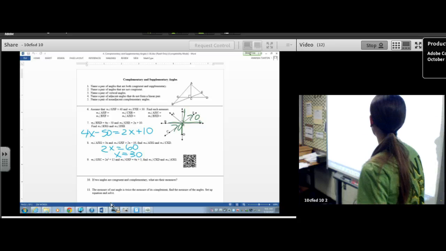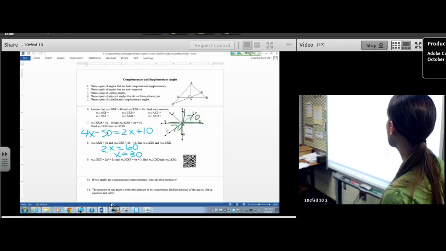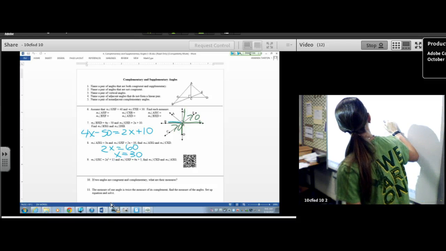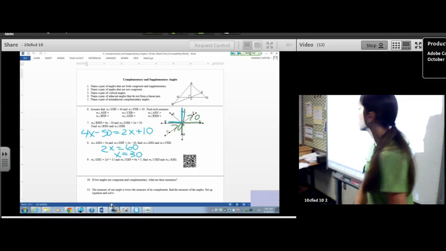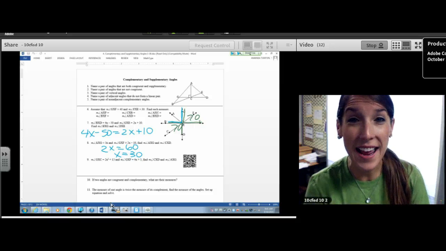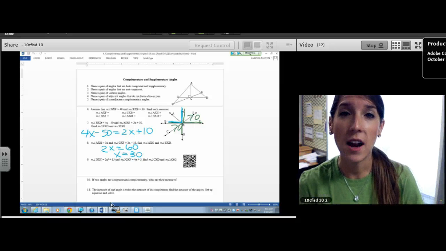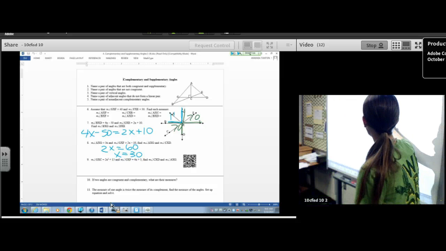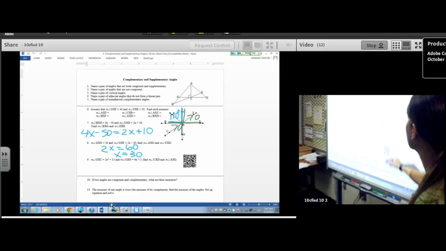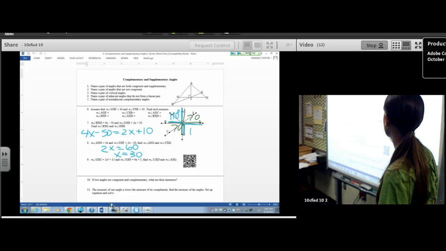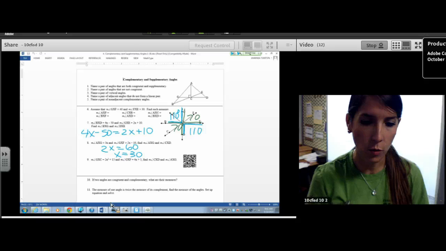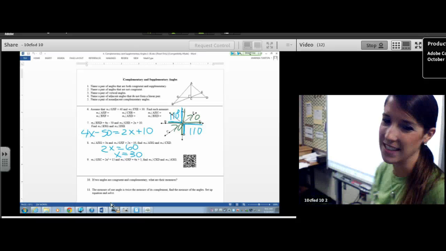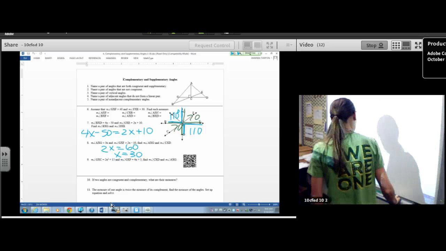It's asking for BXG. That would be the supplement of 70, right? Because those are a linear pair. So 180 minus 70 is 110. And then DXE, oh, those are vertical angles. So 110. That's why they're both 110. Okay, anyways. Ready? Number 8.